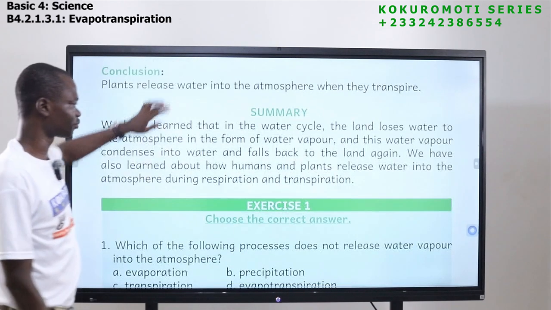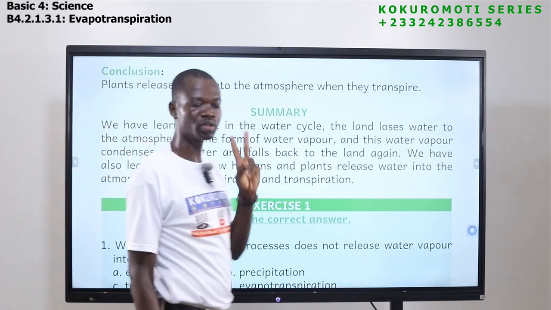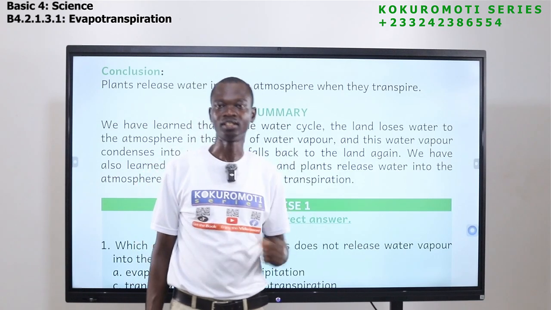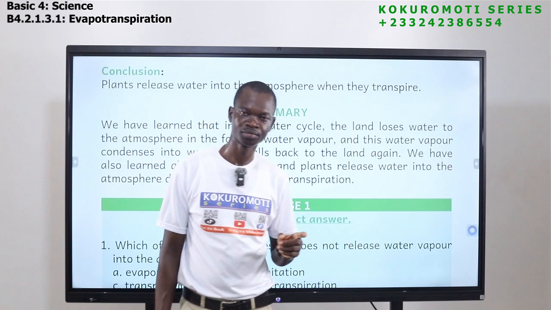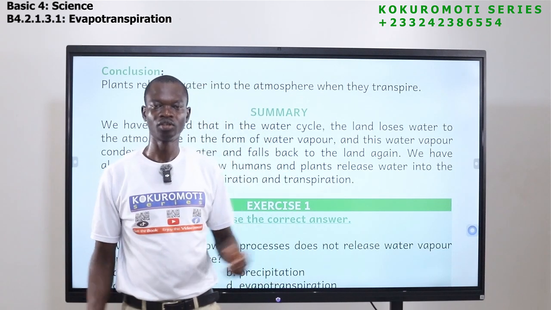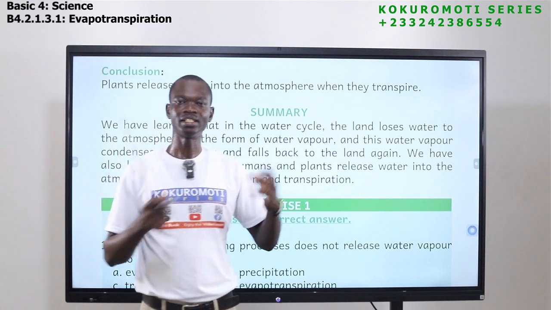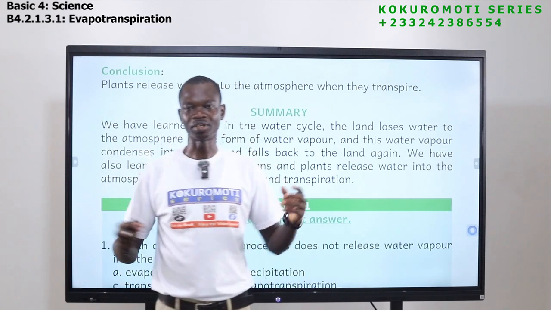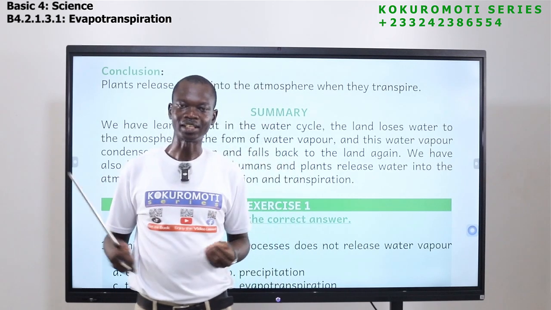Okay, so in summary, we have learned about the water cycle and two key things that happen in it: transpiration and evaporation. When these two processes come together, we call it evapotranspiration, and we have seen that they all involve what?